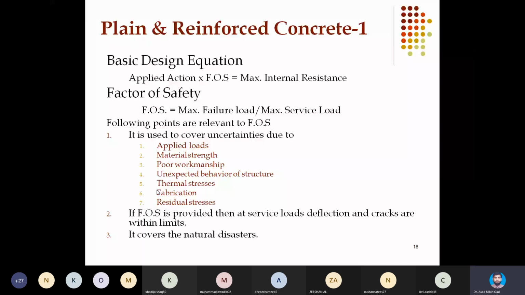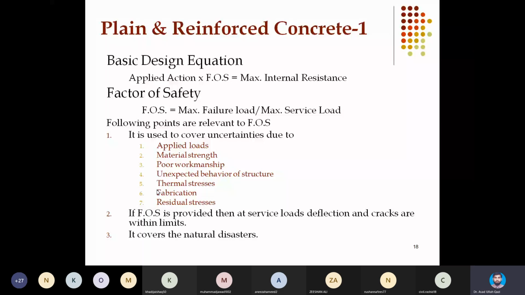So these are the uncertainties, and to overcome them, factor of safety is always used to design the cross sections.